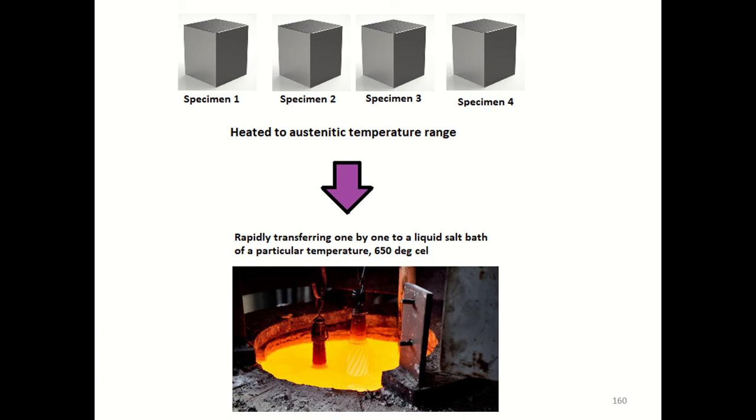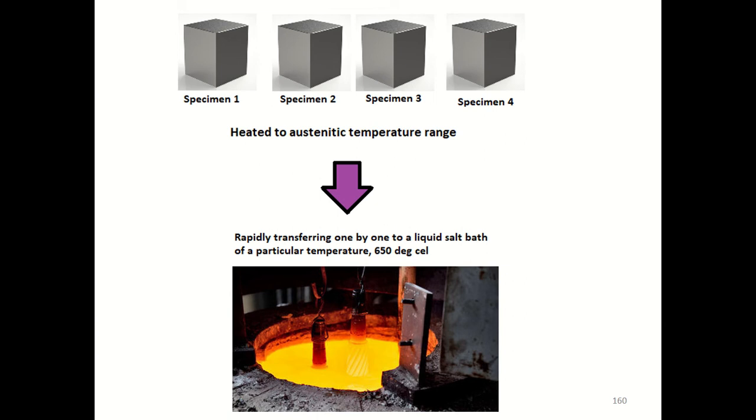Let us carry out all these discussions based on steels, because among engineering materials, steel and cast iron are among the most widely used materials. So we take 4 specimens, and all these specimens are heated to the austenitic temperature range.